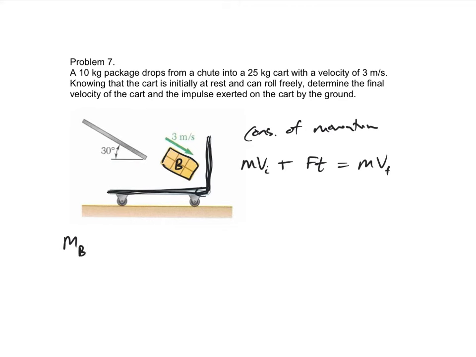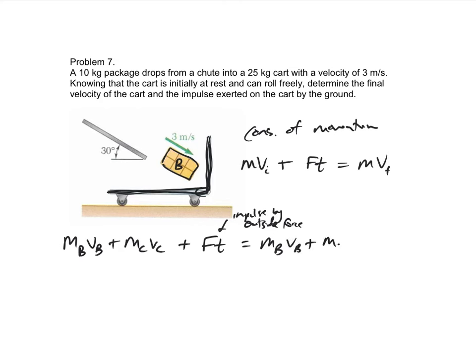The mass of the block, velocity of the block, and the mass of the cart times the velocity of the cart, all that momentum initially, plus any impulse by an outside force, right? This is impulse by an outside force, is equal to the mass of the block, velocity of the block, and the mass of the cart, velocity of the cart afterwards.